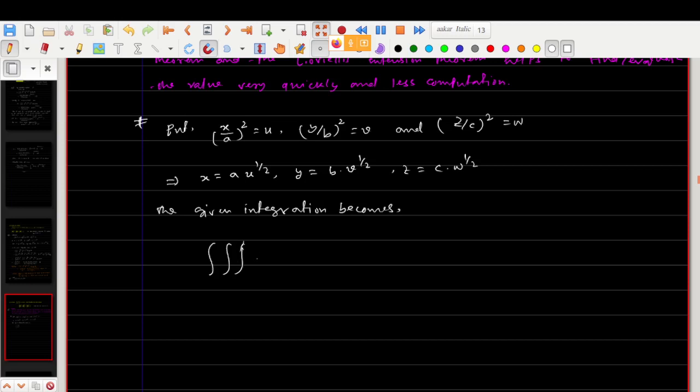right, so put x equals a u^(1/2), y equals b v^(1/2), z equals c w^(1/2), and dx equals (a/2) u^(-1/2) du, and similarly for dy and dz, so the integral is in terms of du dv dw.